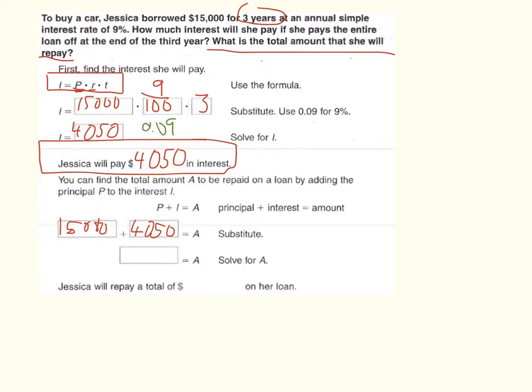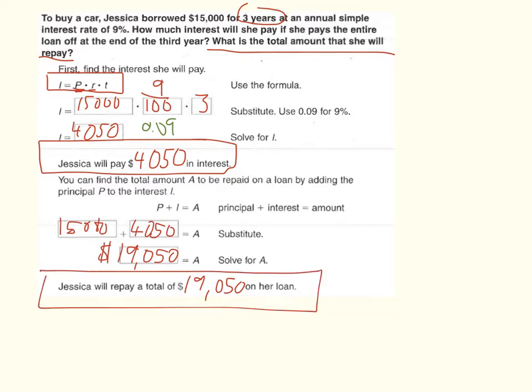So we have to add those together to give the total amount that she has to pay back. She borrowed $15,000 and she had to pay $4,050 in interest, so she has to repay a total of $19,050 on her loan.